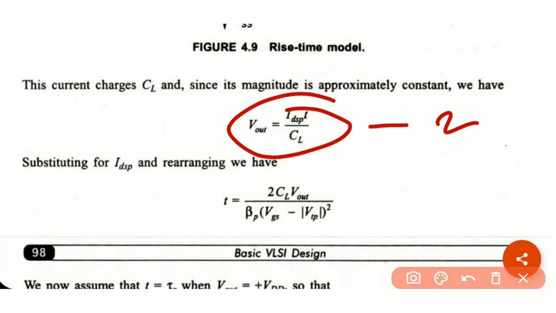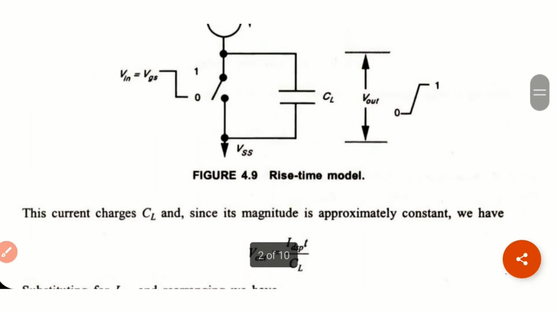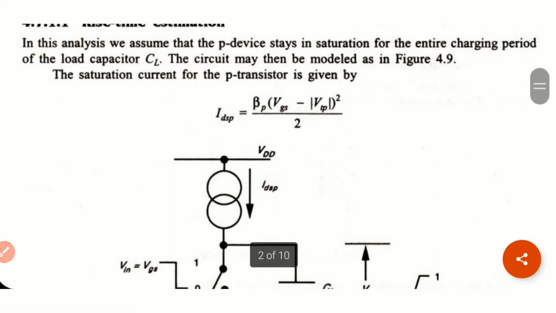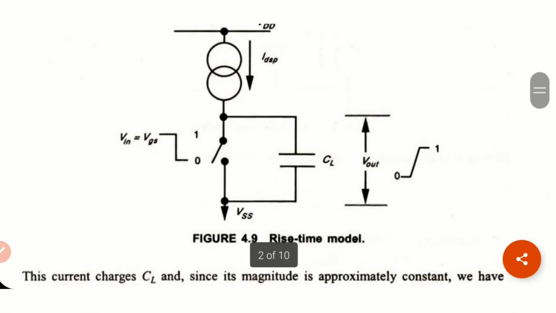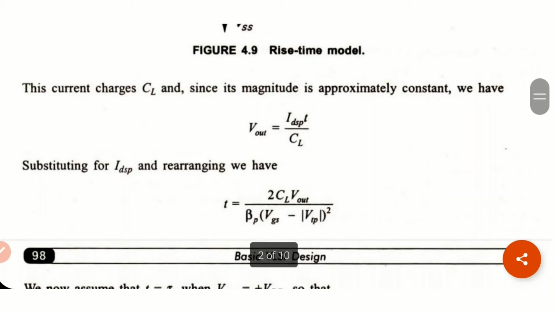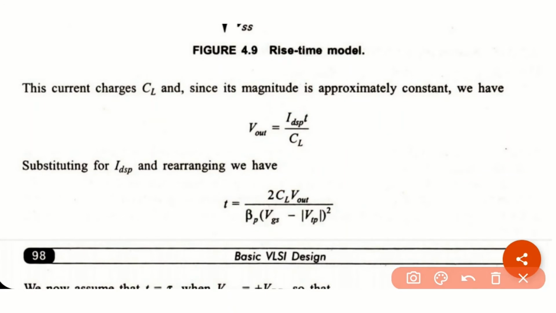Now, substituting the value of IDSP and rearranging these two equations, we have to find the value of T. Equation 1 is in the form of beta, VGS, VTP, and equation 2 is the formula for V out, the output voltage, in terms of I, C and T. So we get T using these two equations.